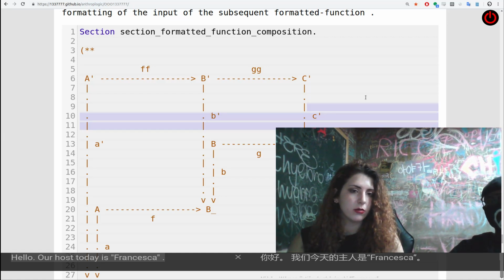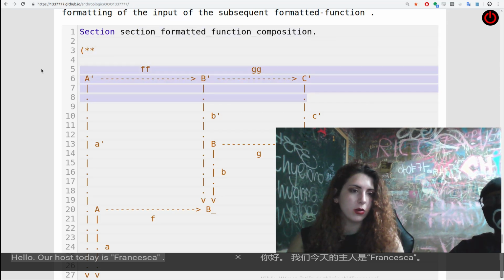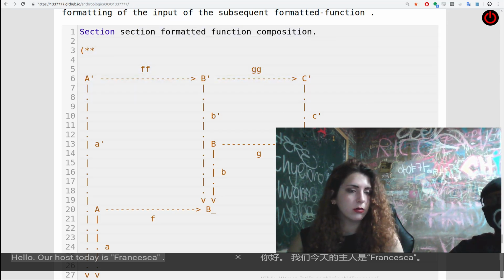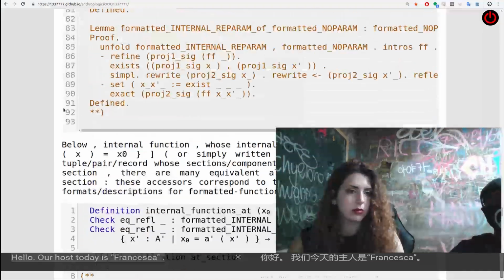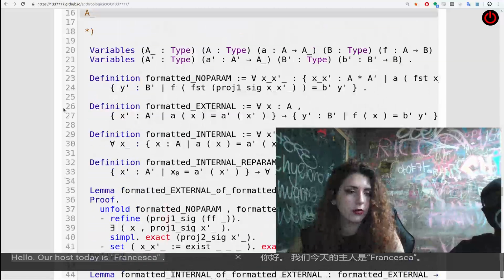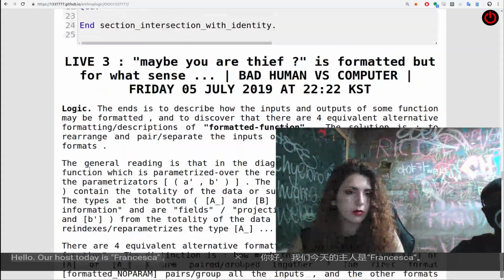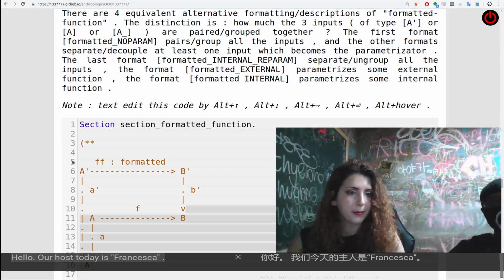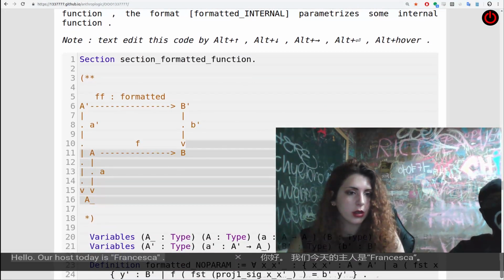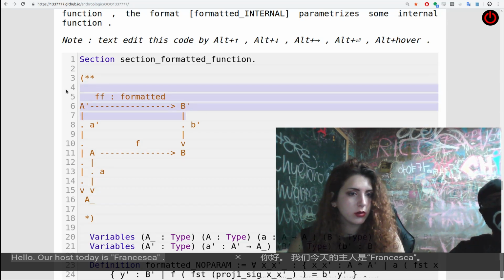Now we need to know how to compose above here. We already know how to compose below. So, what does it mean to be above anyway?